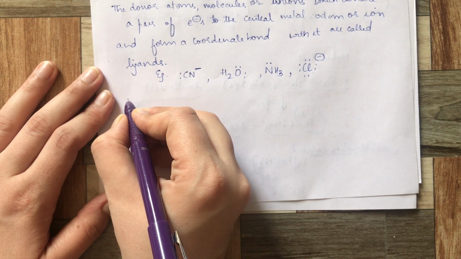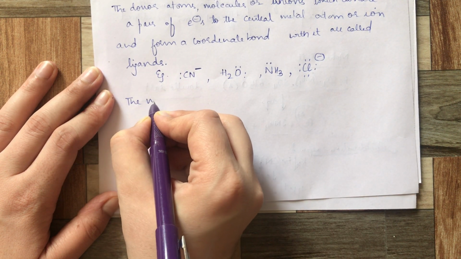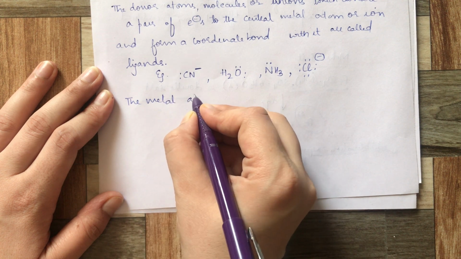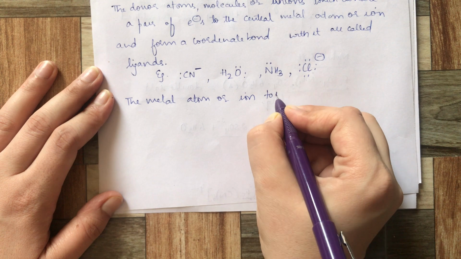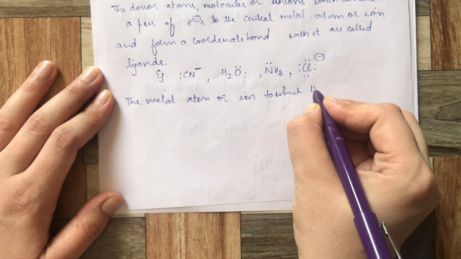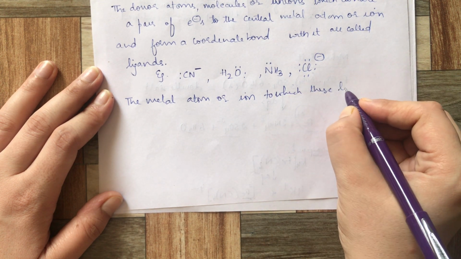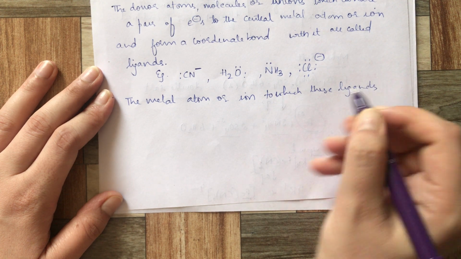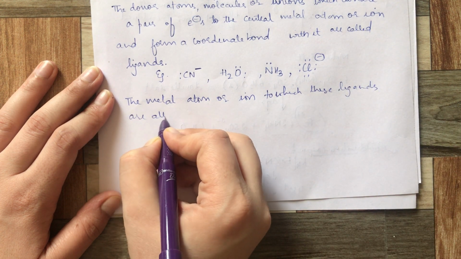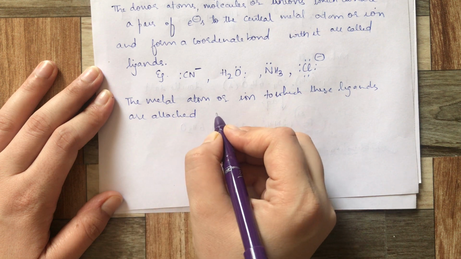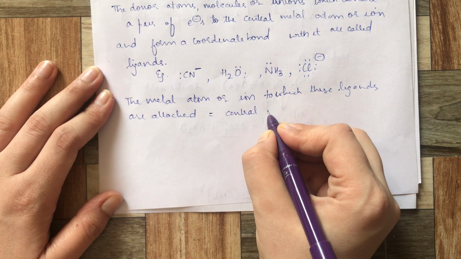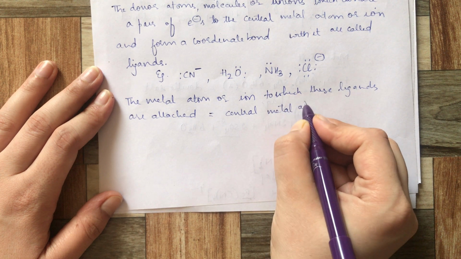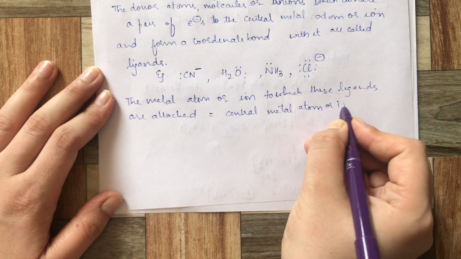So what will be the central atom? The metal atom or ion to which these ligands are attached is called the central metal atom or ion.